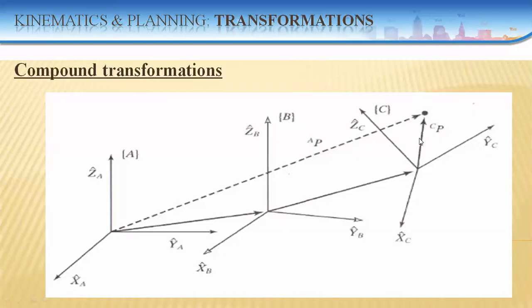So if the links are reversed in nature, what will be the position of the end effector? Verify with minus 30 degrees. So you need to come back to the original position from frame C to frame B, and from frame B to frame A, with respect to the coordinate system changes.